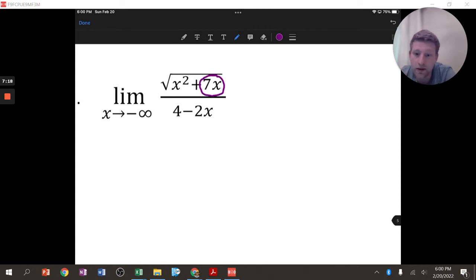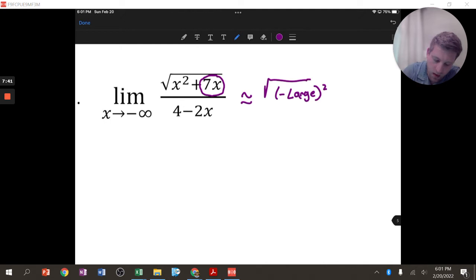So we can consider this as a really, really big negative quantity squared inside that square root function. So we essentially have a square root of a large quantity squared, divided by, well, this is just going to be 4 minus 2 times something negative very large.